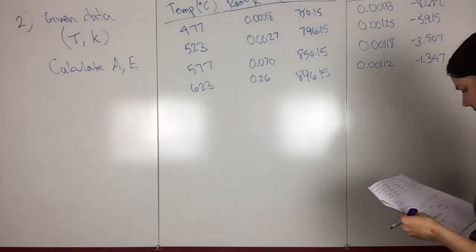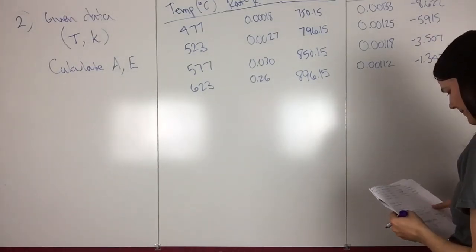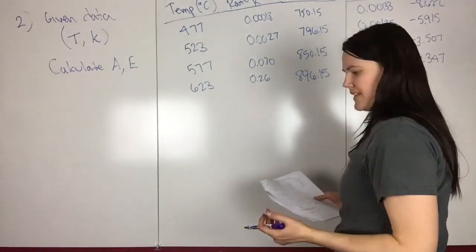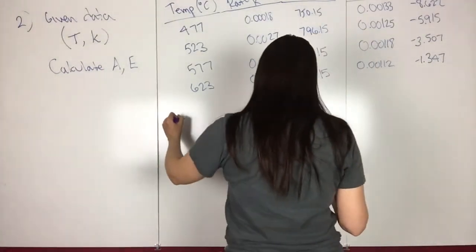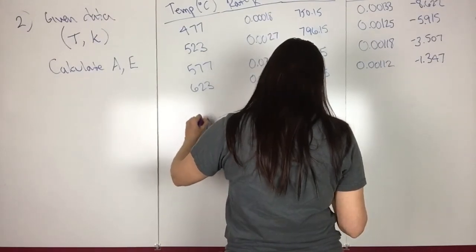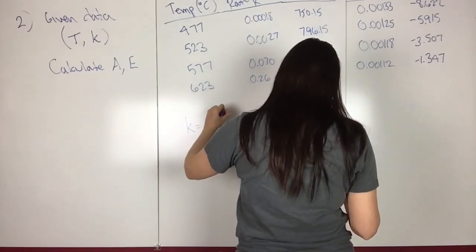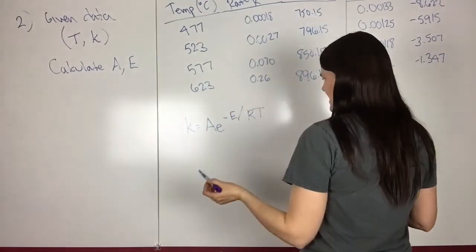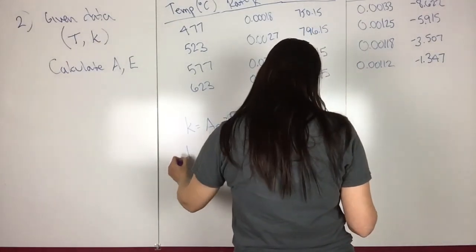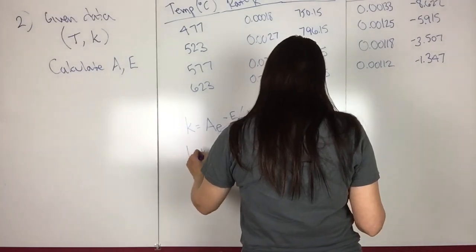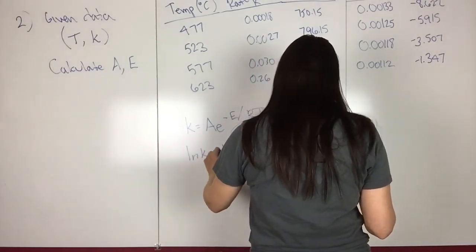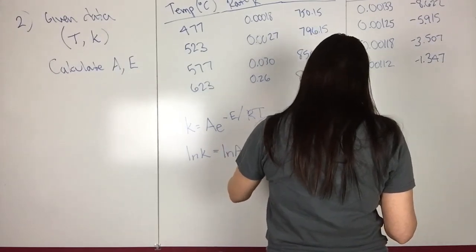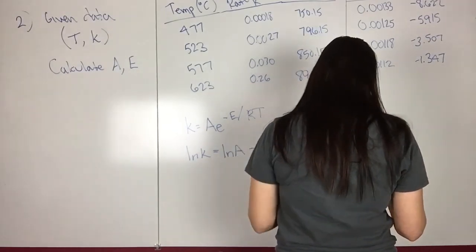1.347. So the reason why this works is if we look at the Arrhenius equation again, we have K equals A e to the minus E over RT. So once again, if we take the natural log of this, we get ln of K is equal to ln of A minus E over RT.